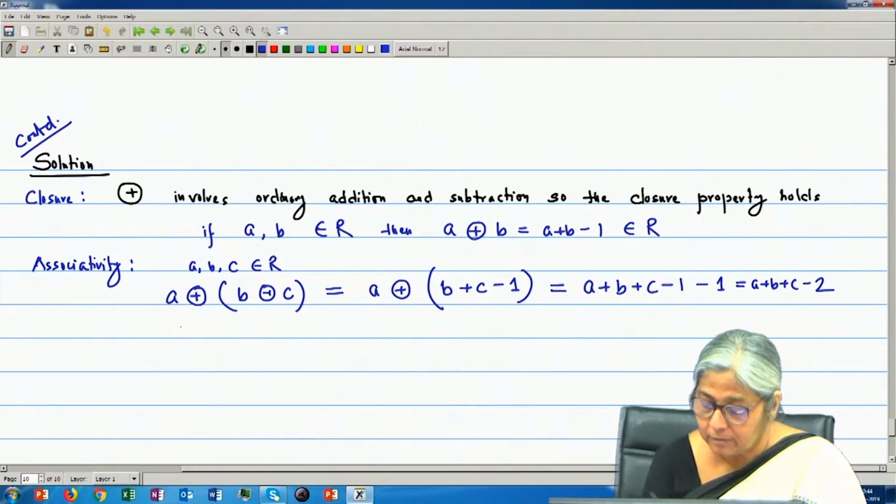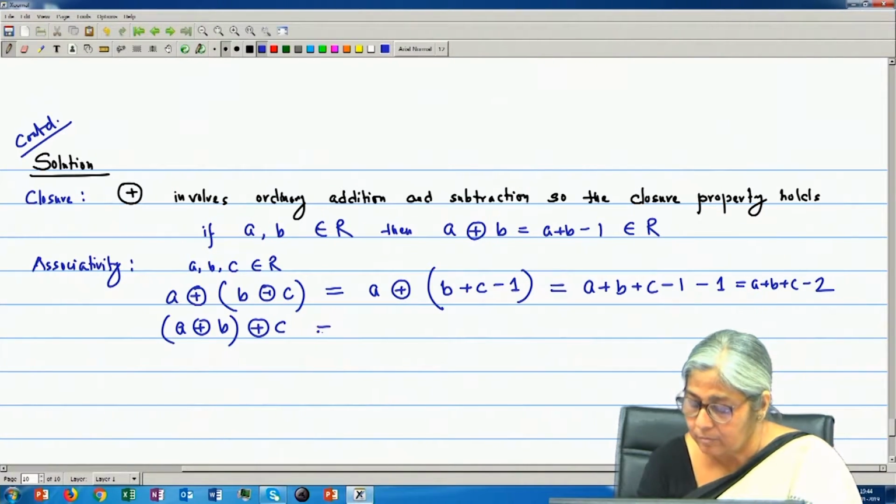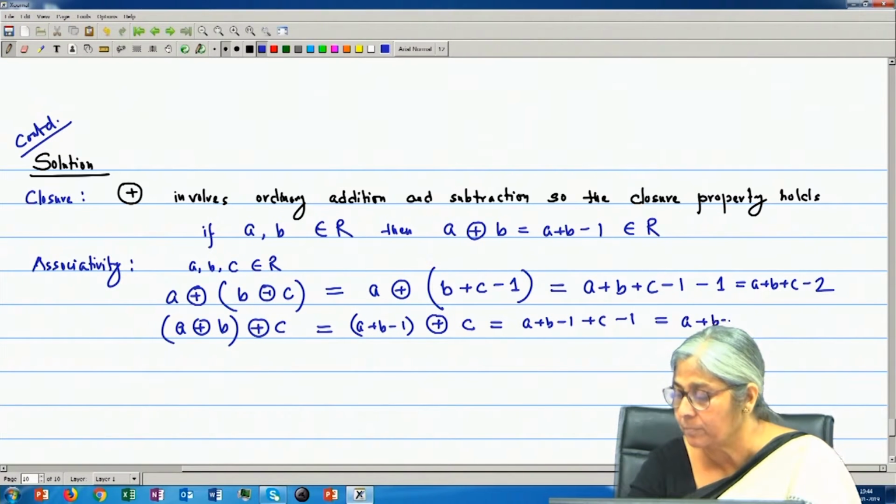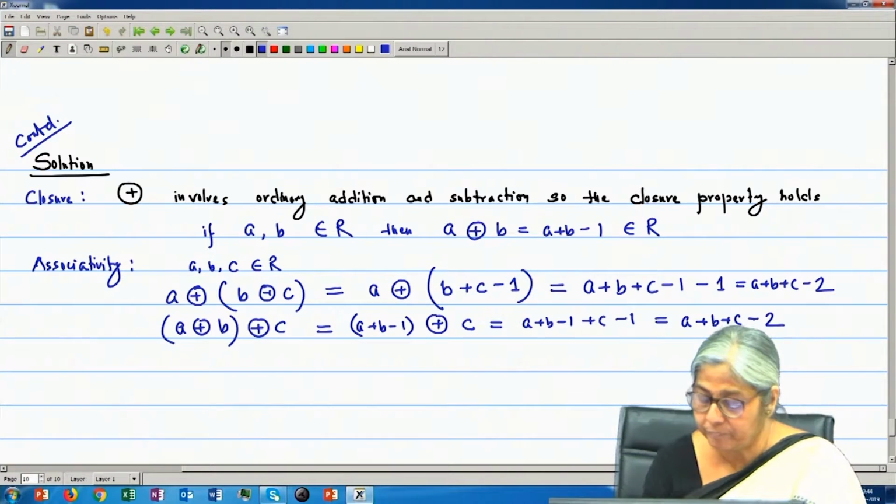Now, if we take a ⊕ b first and then c, we get (a + b − 1) ⊕ c = a + b − 1 + c − 1, which is equal to a + b + c − 2.